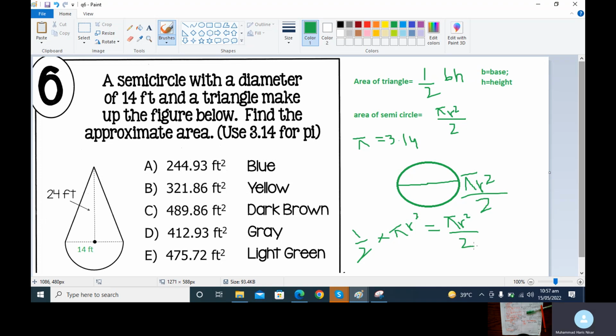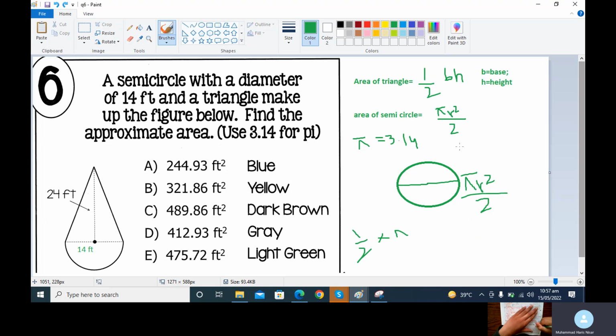So the area of a semicircle is equal to pi r square by 2.